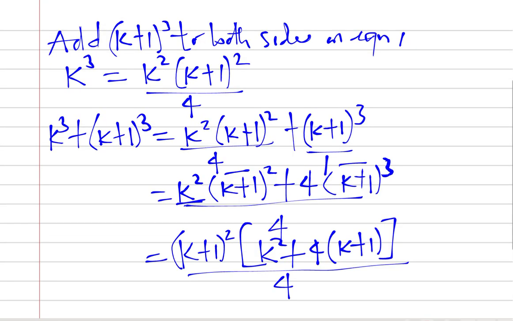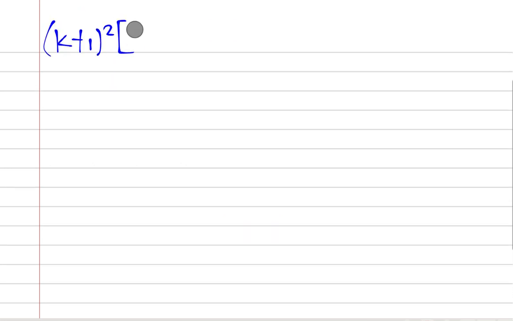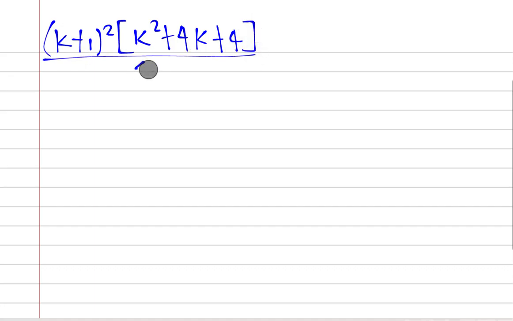This is what we have. So that will be k squared plus 4k plus 4. We just open that bracket. I get what I'm saying. All over 4. So this will now become k plus 1 all squared into brackets.